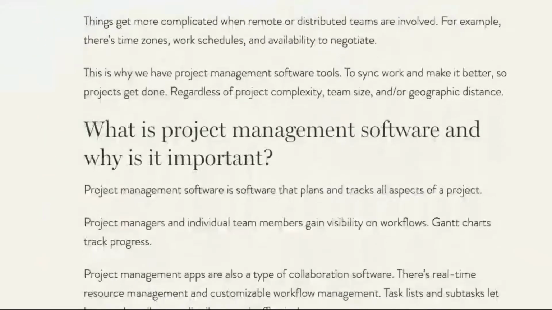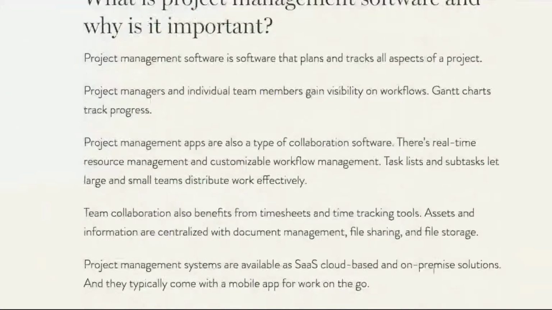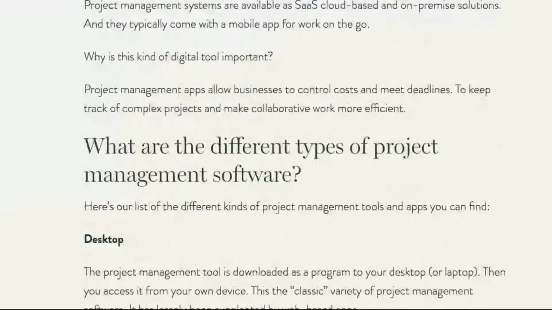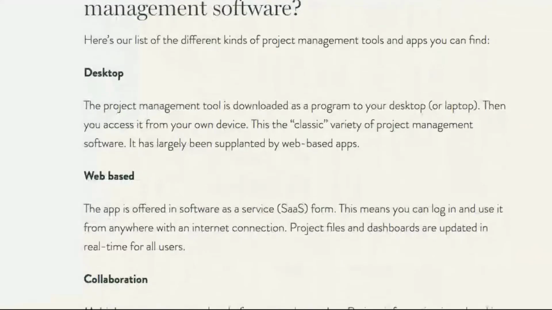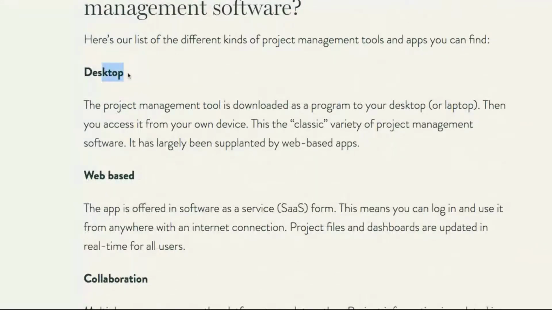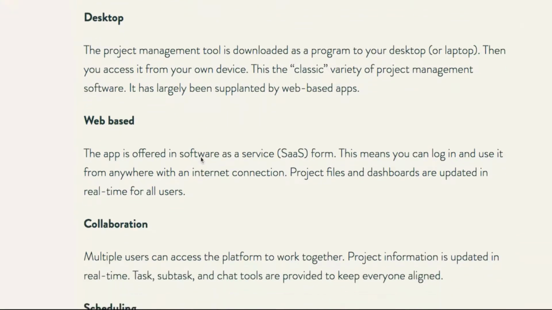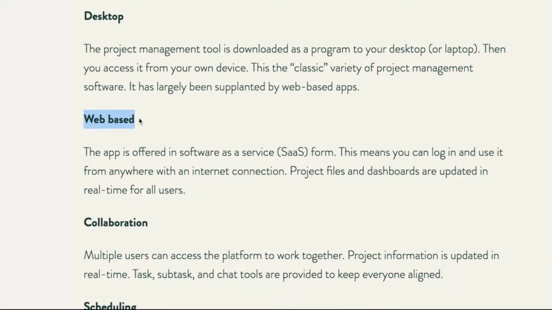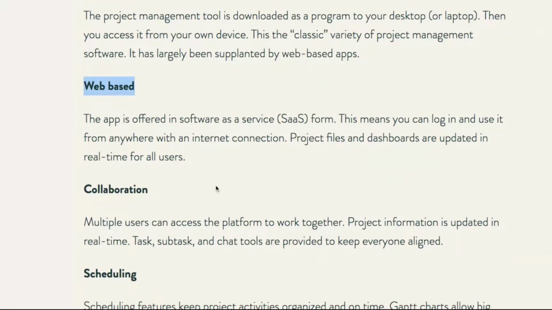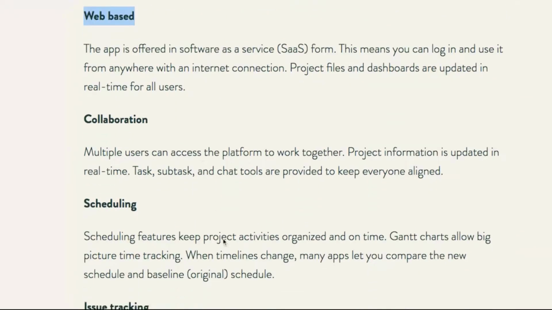This is an article that I wanted to share with you: 12 best project management software tools, a comparison of them, which also gives a breakdown of what makes a good project management tool and the different types. So there are what we call desktop tools. Microsoft Project is an example of a desktop tool, and they're the very classic project management tools. There are web-based tools, so these are SaaS, software as a service. You maybe pay a subscription, or you buy the software, and you use it in the cloud.